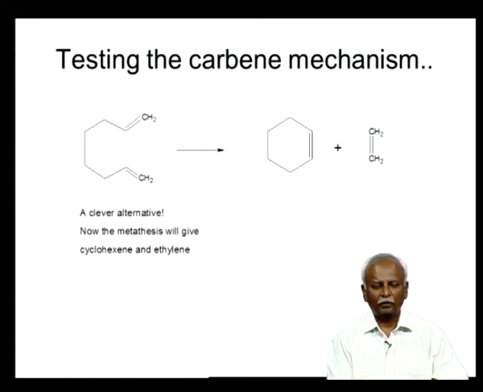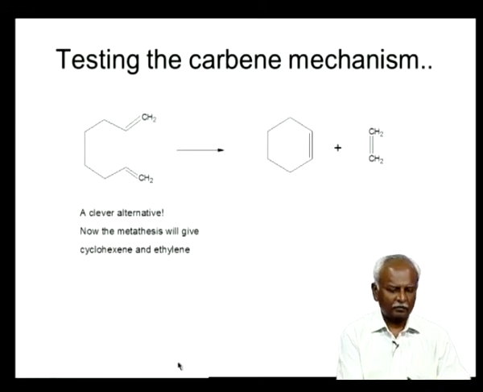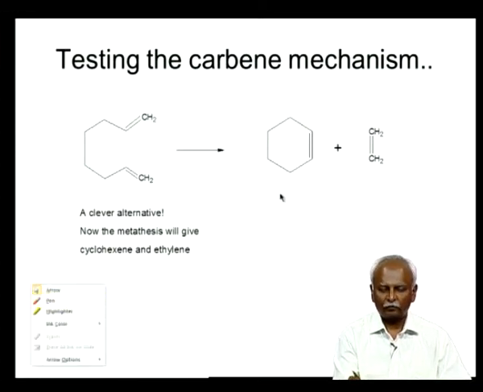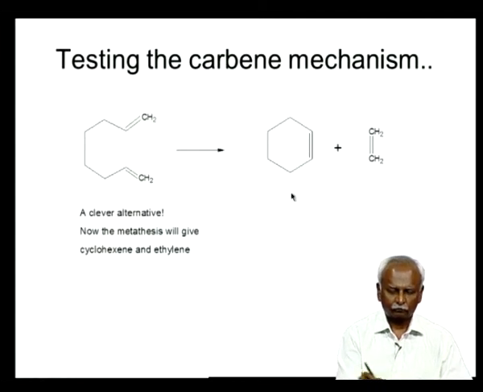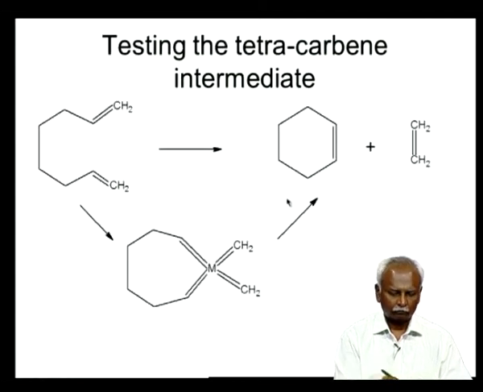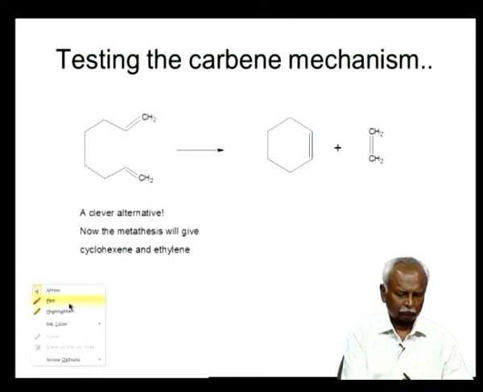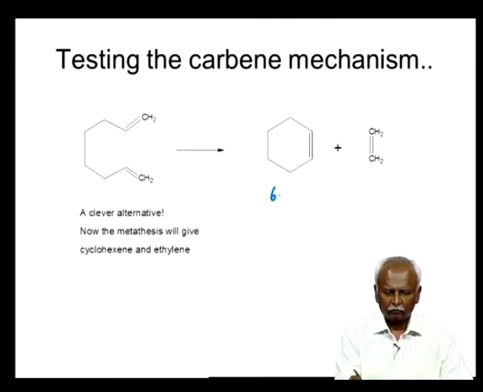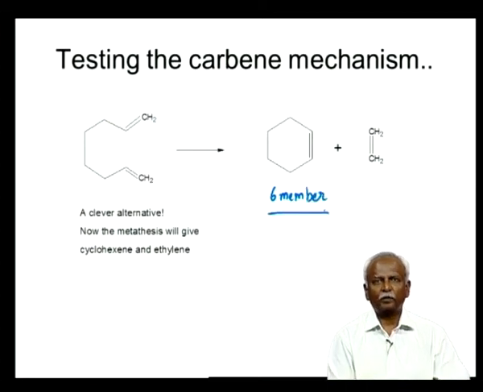So, this turns out to be a case where you have the reactants positioned in such a fashion that the formation of a 6-membered ring is easy and favorable, and so this is the only product that is formed in the course of this reaction.